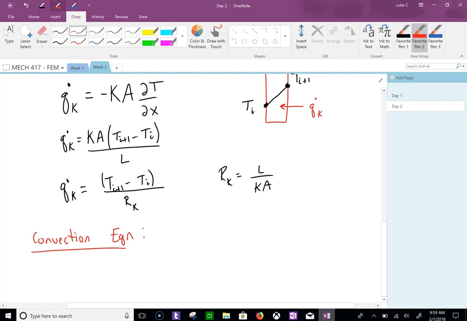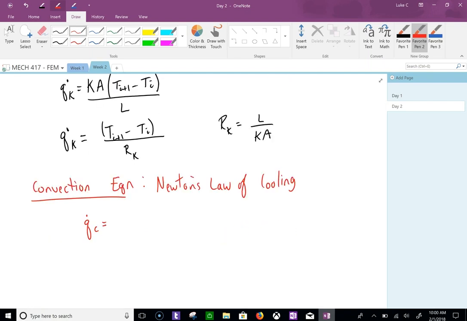There's 4 words. Newton's law of cooling. All right, what's this equation? What's that? HA.